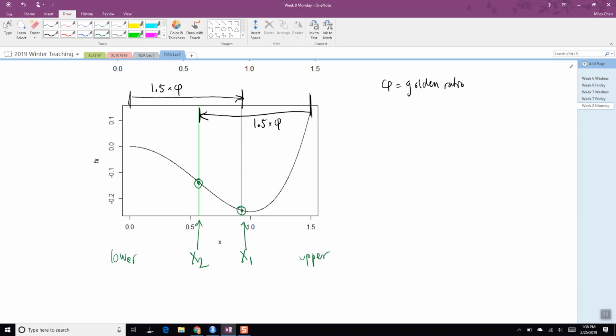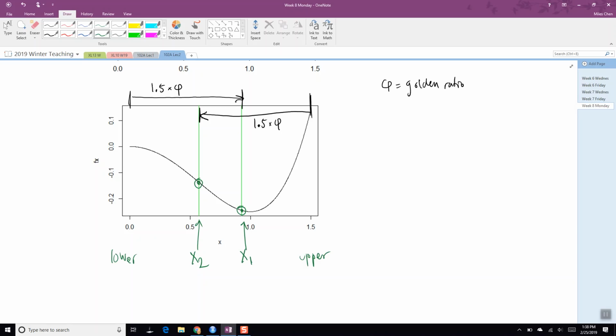We've evaluated the function at x2 and at x1. We haven't evaluated it anywhere else. We don't even know the value of the function at the lower bound or the upper bound. However, we do know that there is one local minimum between the lower and the upper bound.